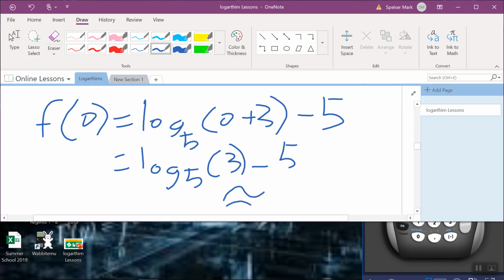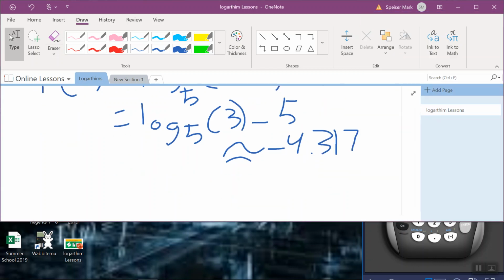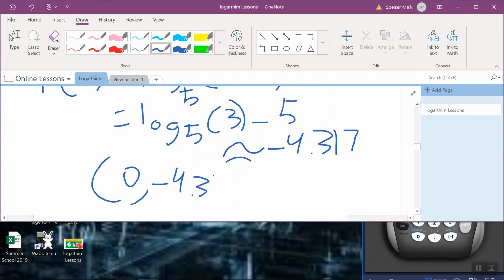The value is negative 4.317. So this intercept is the point 0, comma, negative 4.317, approximately. Remember, the intercepts are always points.